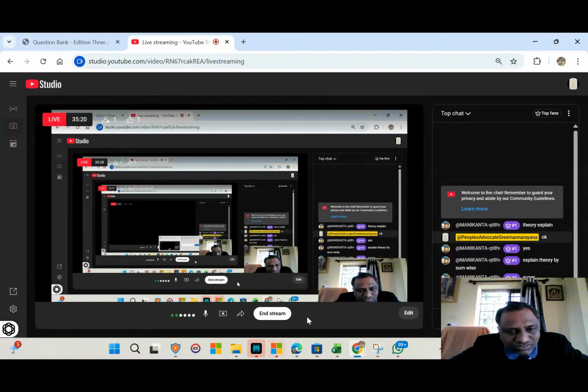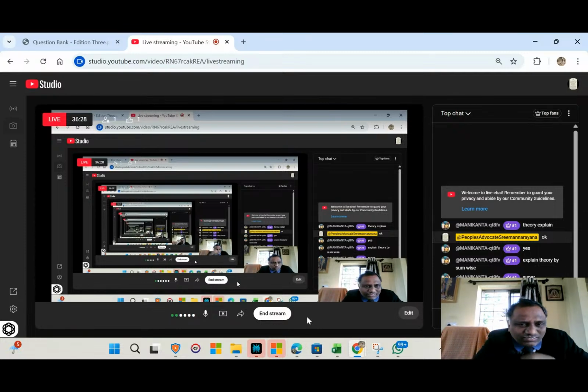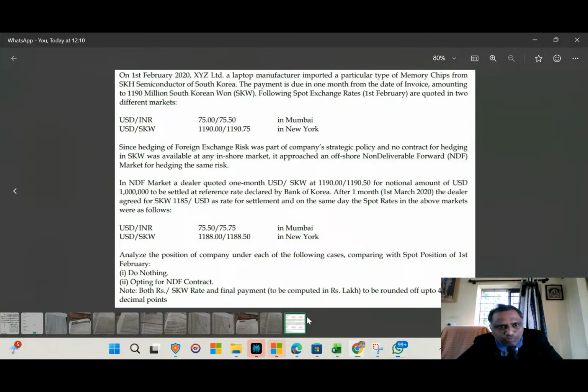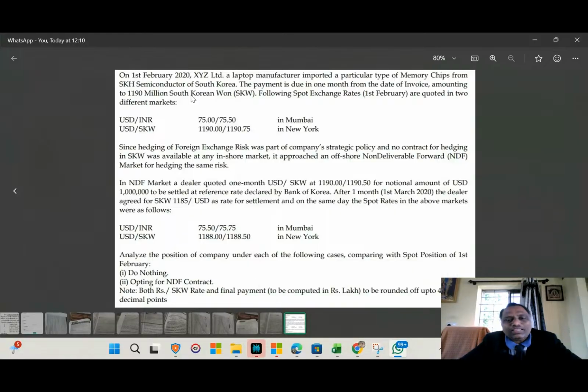I have to pay South Korean won. But what is in my pocket? In my pocket, as an Indian company, I should have only Indian currency. But I don't know how much Indian currency is required to settle that contract of 1,190 million South Korean won.